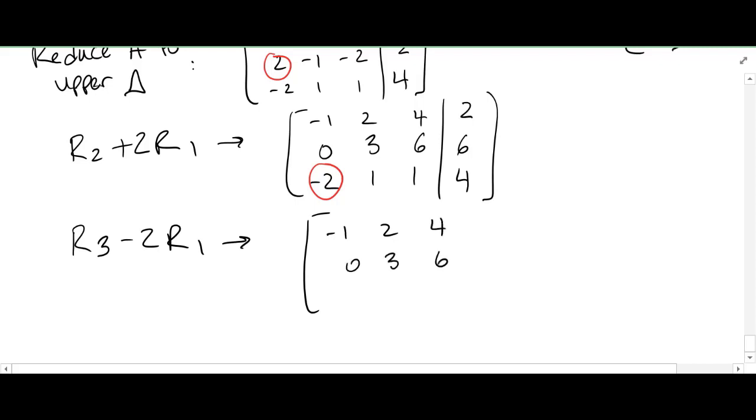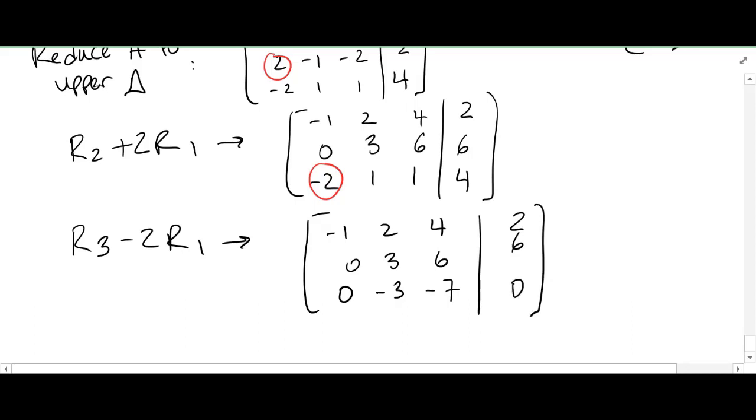So we get a 0 there. 1 minus 4 gives you a negative 3, and then 1 minus 8 gives you a negative 7. And then on the right-hand side, we have 4 minus 4, which gives you 0.